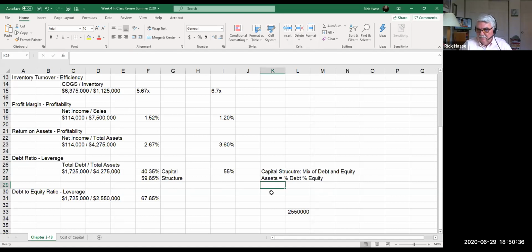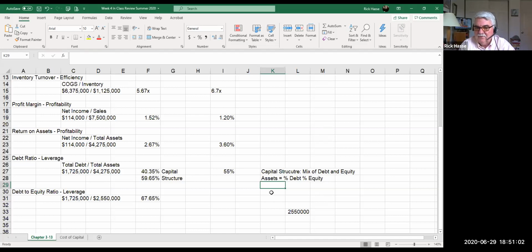59.65% equity. One of the things we'll study later on in the course is that companies manipulate the capital structure of their company over time to find the cheapest money, the cheapest capital. What percent of debt or equity to finance your assets provides the cheapest capital?